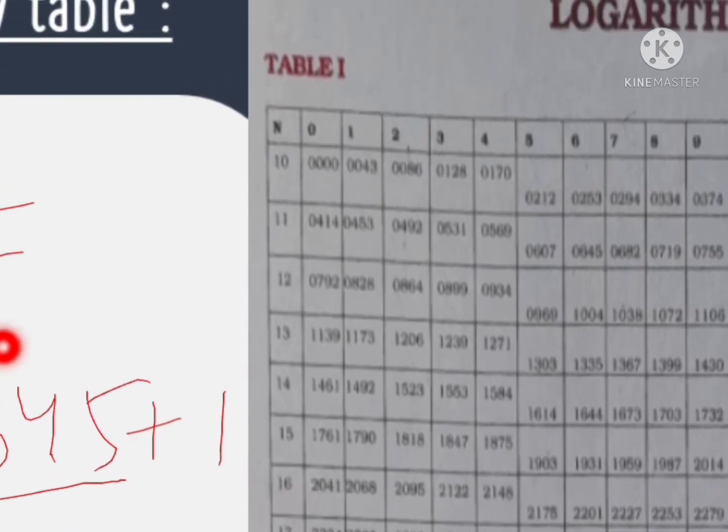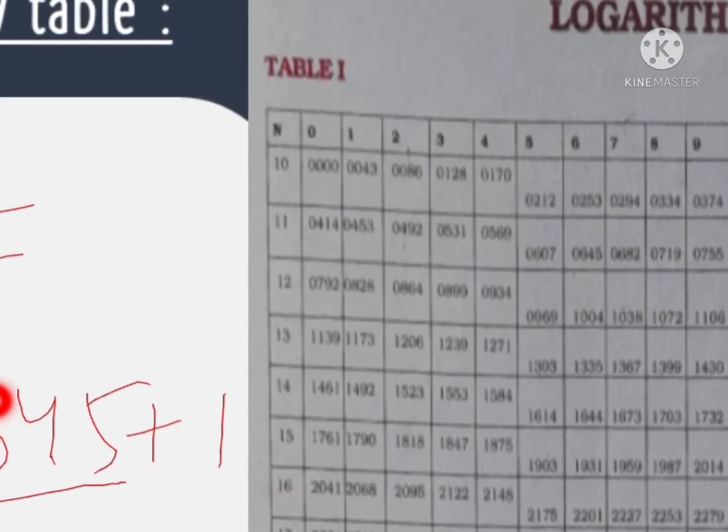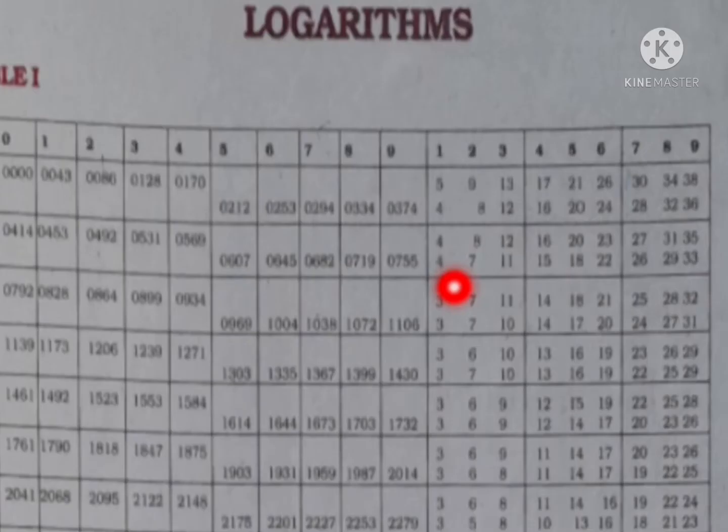Here we have to search the first two digits in the vertical column and the third digit in the horizontal row, up to 9. So here 13 to 4, this value is 1271.